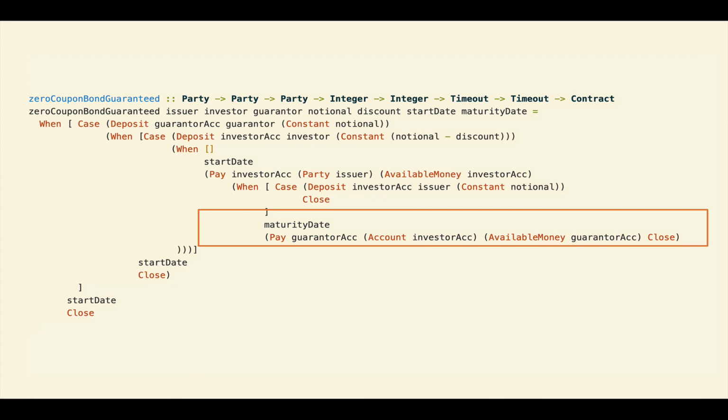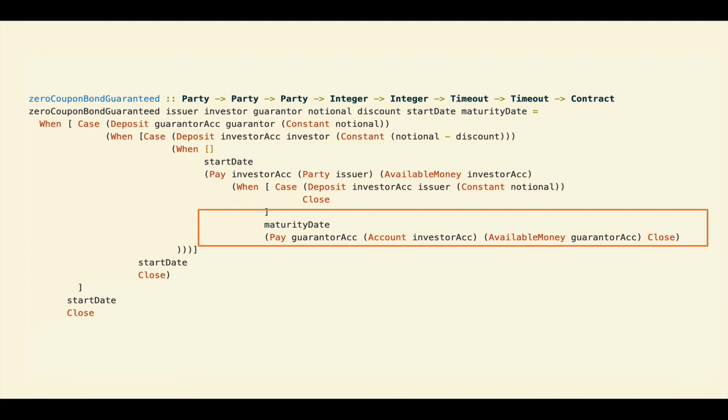So that describes precisely how the contract behaves. And as you can see, it's in pure, precise terms, explaining exactly what we explained earlier using English. But the nice thing about this is that there is no ambiguity about any of the terms. Once we understand the semantics of Marlowe, we have a clear description of how this contract behaves.